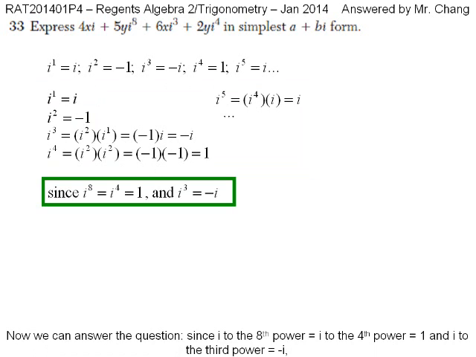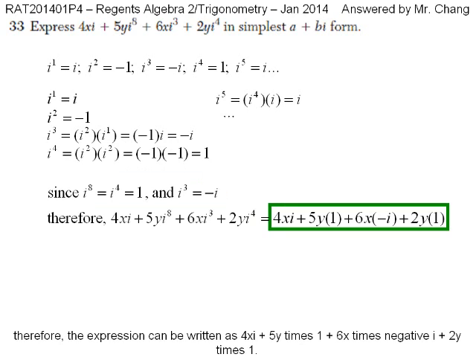Now we can answer the question. Since i to the eighth power equals i to the fourth power equals 1, and i to the third power equals negative i, the expression can be written as 4xi plus 5y times 1 plus 6x times negative i plus 2y times 1.